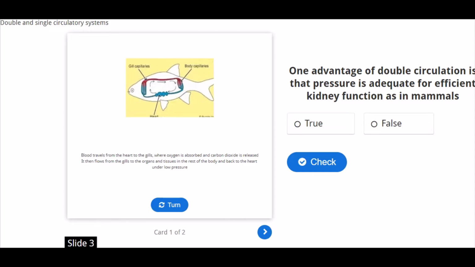It then flows from the gills to organs and tissues in the rest of the body and back to the heart under low pressure. This is describing single circulation in fishes.